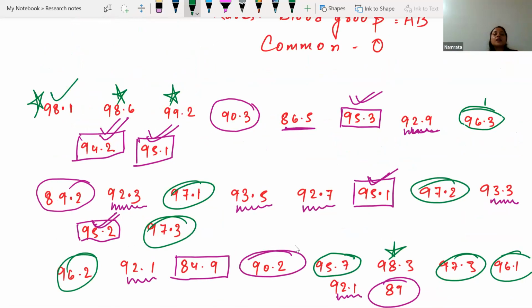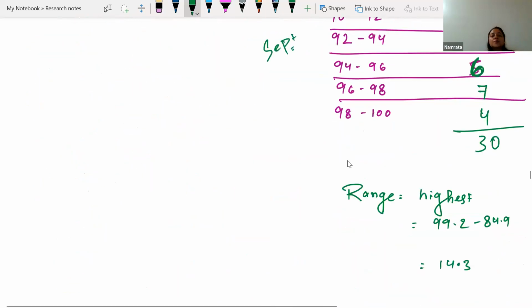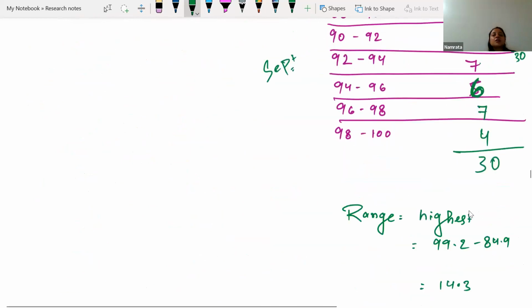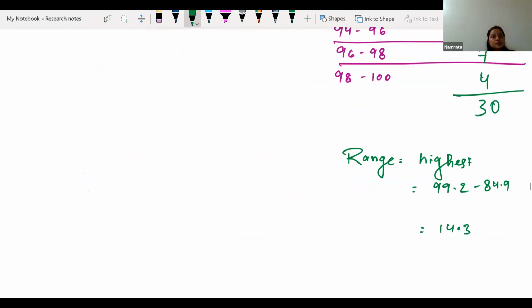You will find that the largest is 99.2 and the smallest is 84.9. And when you find the difference, that will be 14.3. This is how, apart from making the frequency table, you will be able to find the range.